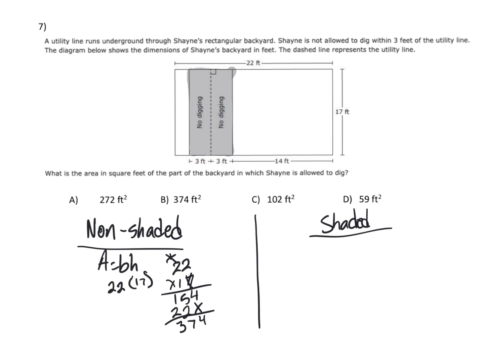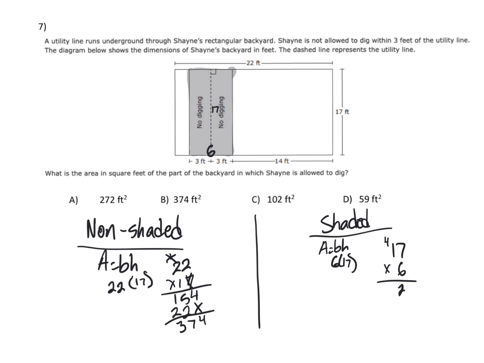Now we need the shaded part. So our base right here would be 3 and 3, which is 6 total. So 6 is our base, and the height would still be the same at 17. So area equals base times height. The base would be 6. The height is 17. So 17 times 6. 7 times 6 is 42.